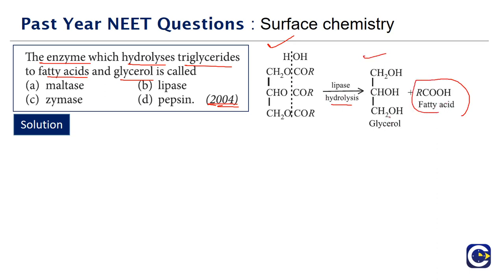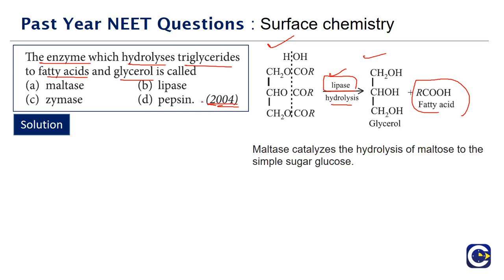Glycerol is basically the alcohol with 3 OH groups on adjacent carbons. So the enzyme that will be able to perform this activity is lipase. So the lipase will be able to hydrolyze the triglycerides into fatty acids and glycerol.